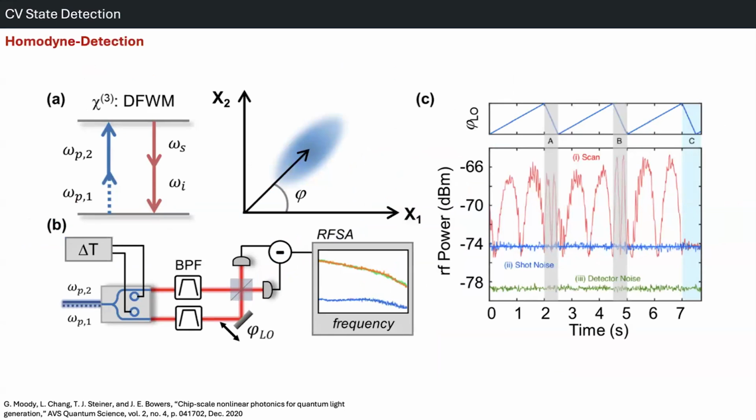So basically, this is some on-chip implemented device. We see some ring resonators and waveguides. It's a four-wave mixing device. Okay, it's a spontaneous four-wave mixing device, but producing quantum modes instead of states. And you are using bandpass filters to filter it. Then you are using a local oscillator. These are two different Q modes.